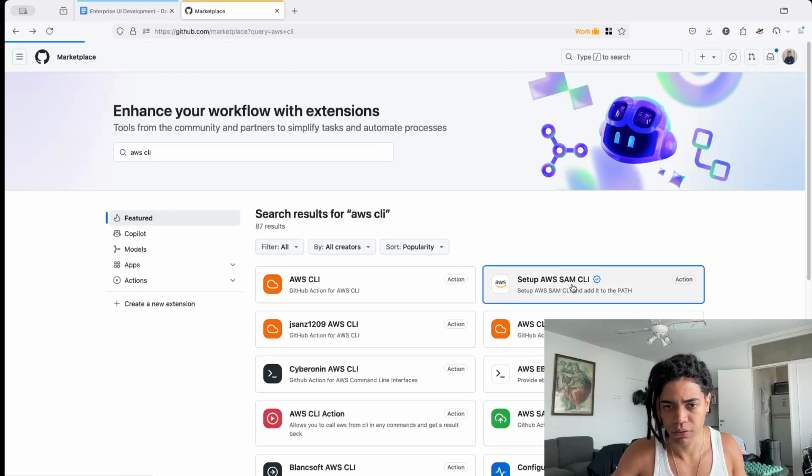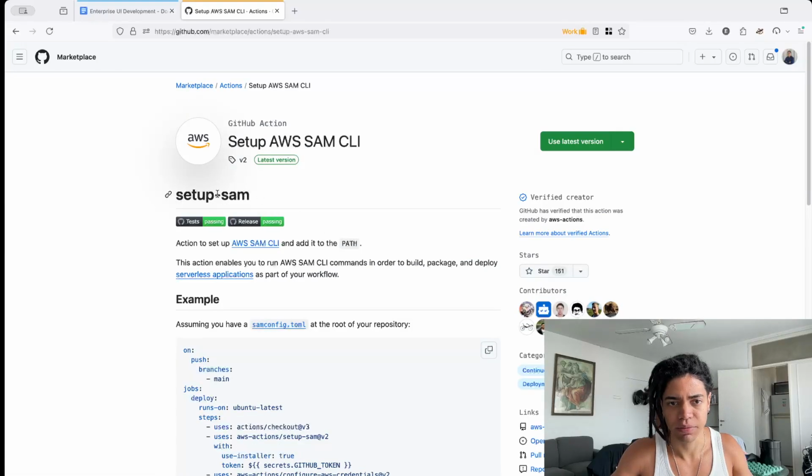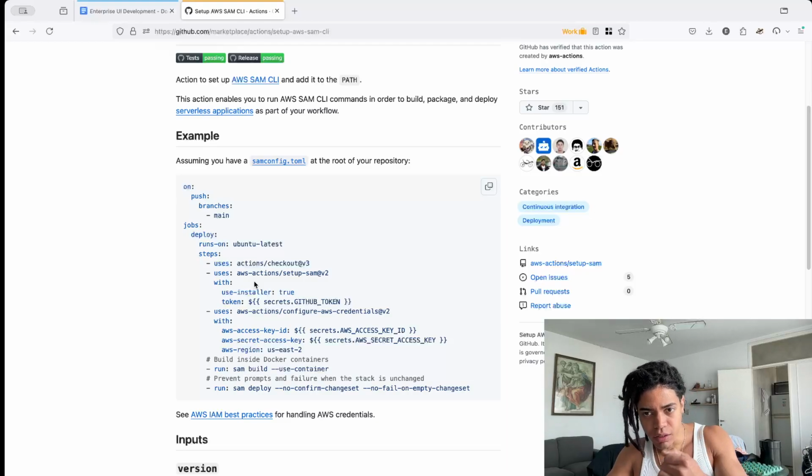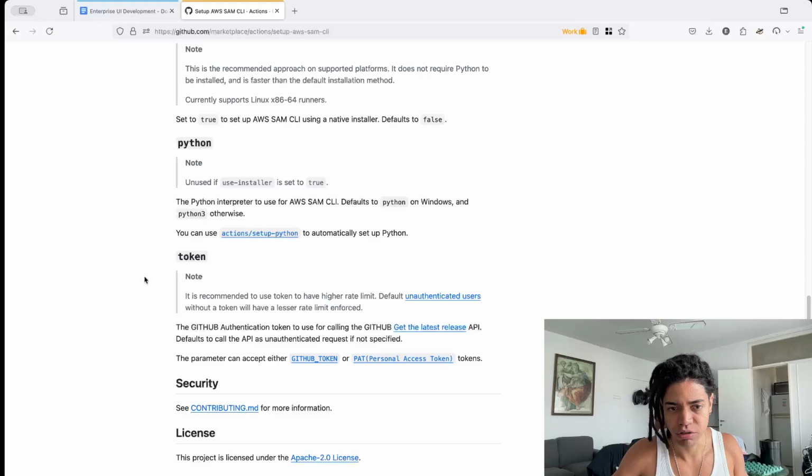Exactly. Set up SAM. This action enables you to run AWS SAM CLI commands in order to build, package, and deploy serverless applications, right? Again, all of these are particularly tedious tasks that we need to do, which is great.